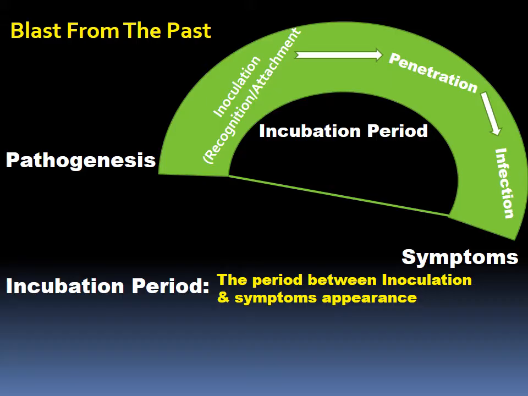So the establishment of the pathogen inside the host cell is known as infection, and at this point the pathogen shares nutrients with the host, and as a result of this sharing, the host physiology is disturbed, which can be seen in the form of symptoms.